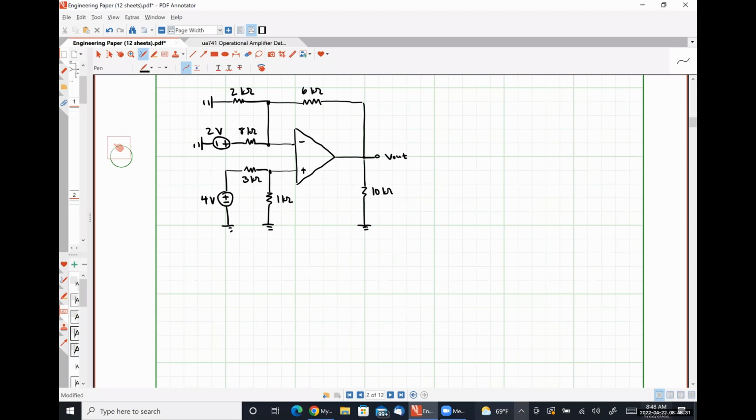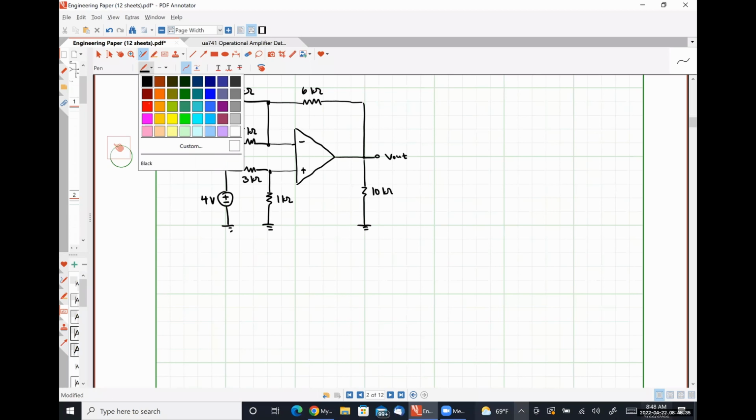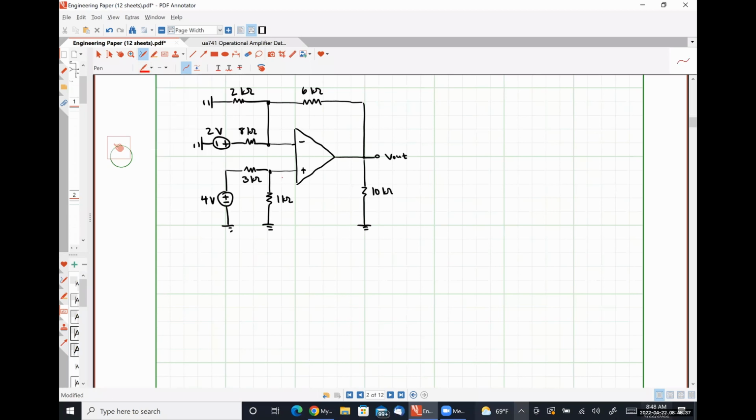So what's step one? So we apply rule number one and observe that this current is 0 amps and this current is 0 amps.